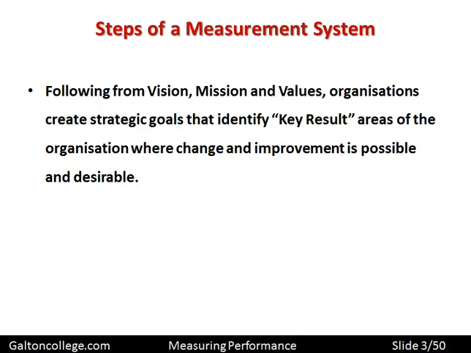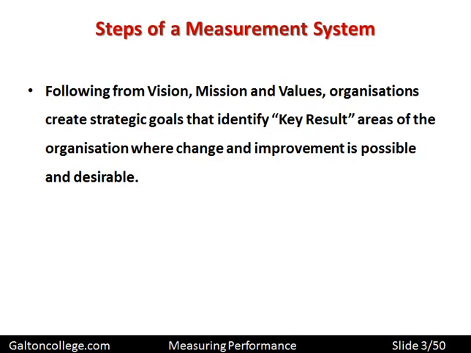So it's setting up an objective. It's setting up a direction in which the business wishes to travel. It tells the reader how the business wants to be perceived. Now, in order to achieve its mission, it must identify key result areas, because parts of the business will have to change, will have to be restructured, or will have to be altered perhaps.